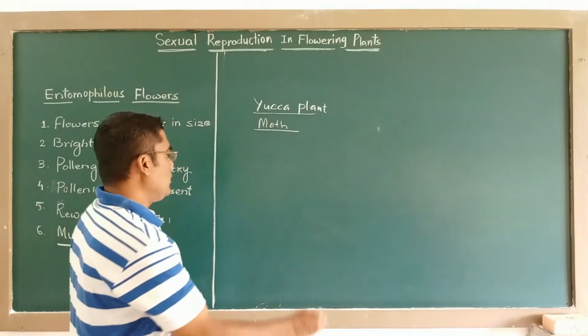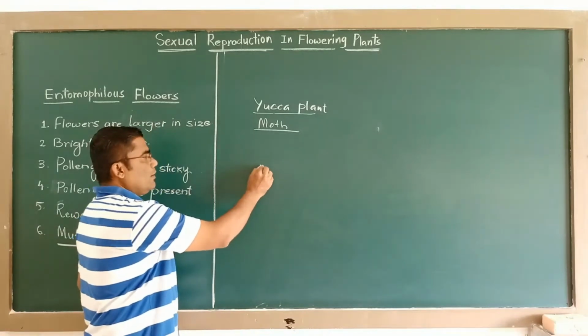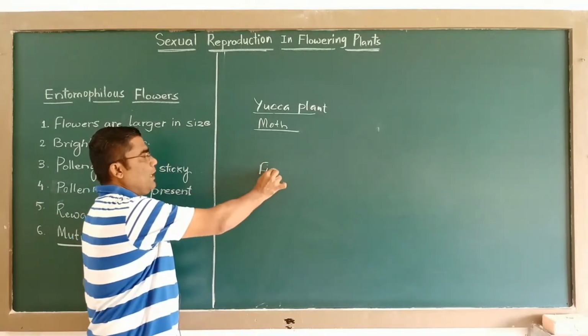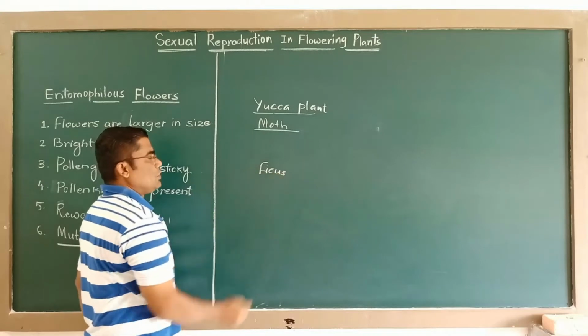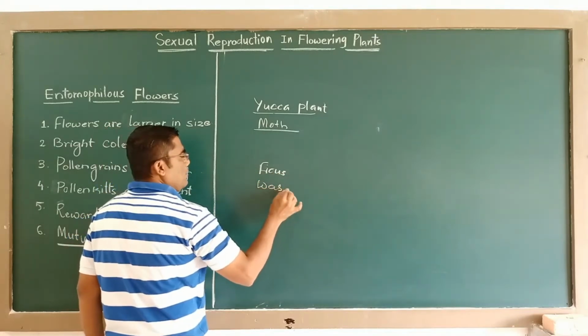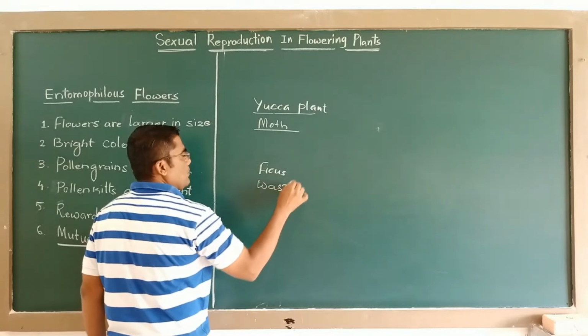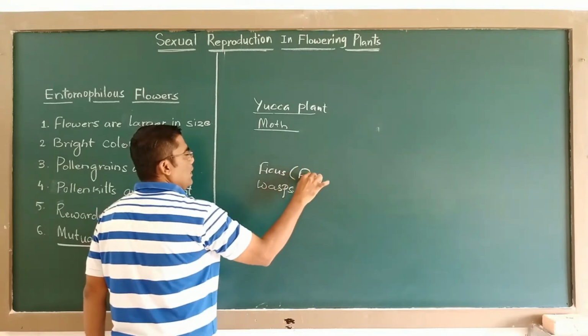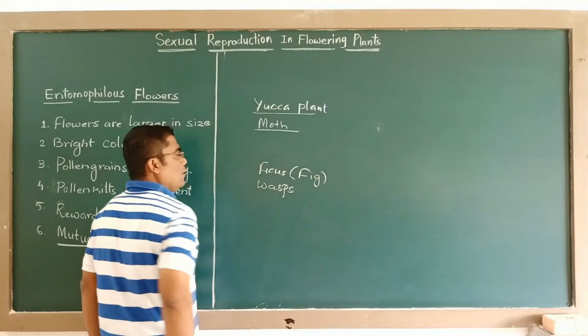When we observe the next one, the ficus plant shows mutualism with a type of insect called a wasp. This ficus is commonly called the fig plant.